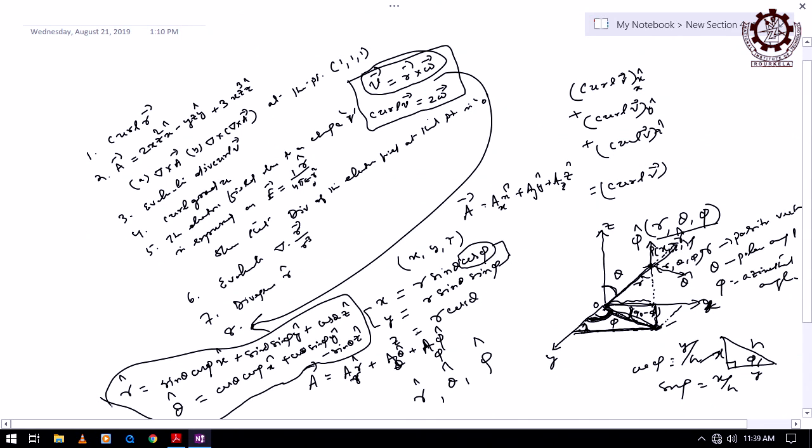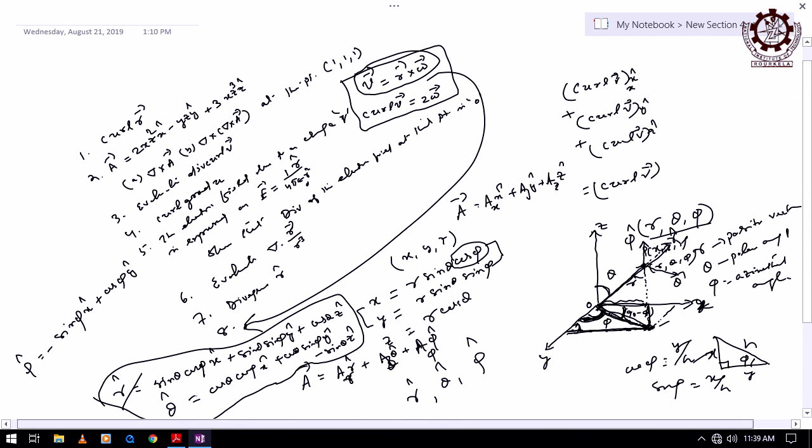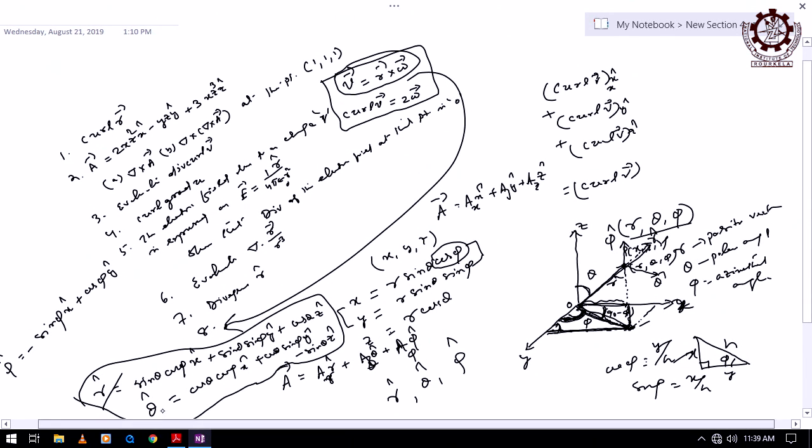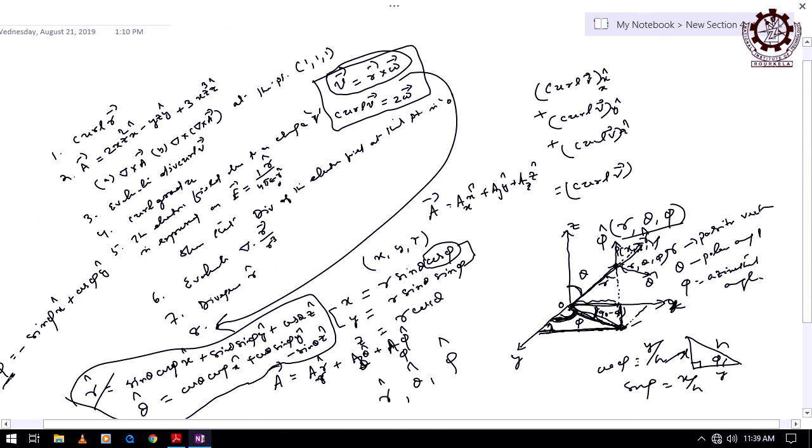R cap and theta cap are explained in terms of x cap, y cap, z cap, theta and phi. Similarly, another unit vector, that is phi cap, is minus sin phi x cap plus cos phi y cap. So these are the 3 unit vectors, r cap, theta cap and phi cap, in terms of unit vectors x cap, y cap, z cap, theta and phi, obviously, right?